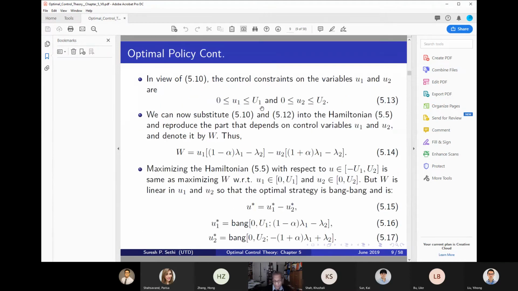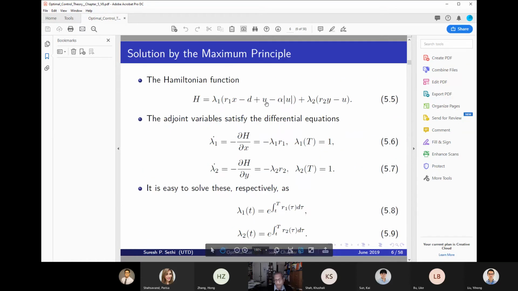So you can see that when I take the terms in u1 and u2, I have a w1, this is the u1 u2 part of the Hamiltonian. So I can easily maximize this Hamiltonian. This is bang-bang control for U1, bang-bang control for U2. You can see U1 star is a bang between 0 and U1 max, depending on this. If this is positive, I sell at the maximum rate. So selling is positive and buying is negative, right?